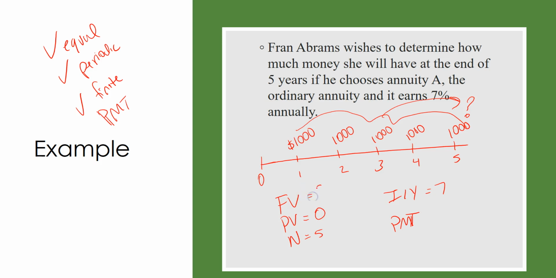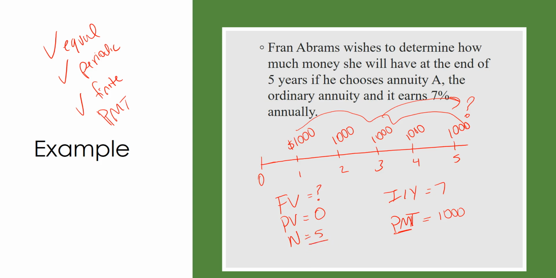We want to know how much she will have at the end of 5 years. And the payment is that equal periodic finite cash flow of 1,000. So the payment button just allows you to not have to find the future value of $1,000 5 different times. It's telling your calculator that this $1,000 occurs every year beginning one period from now and lasts until year 5.